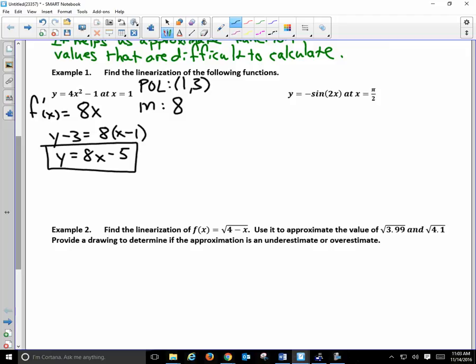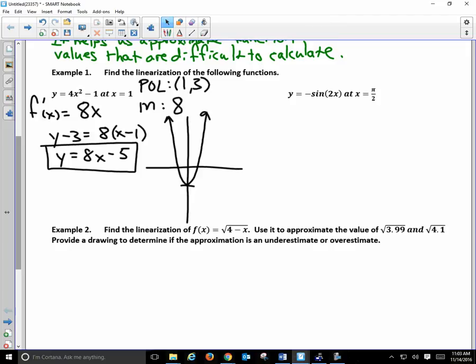So what that means is if you were to sketch a graph, there's 4x squared minus 1. It's shifted down 1 unit. If you were to draw the tangent line, it has a slope of 8. It goes through -5. You know, it would look something like that, right? Now, here's my question to you.